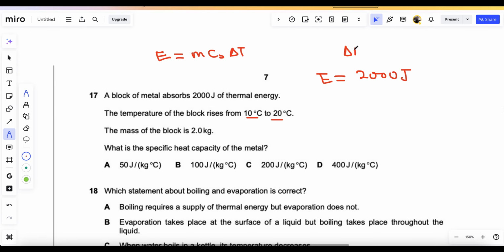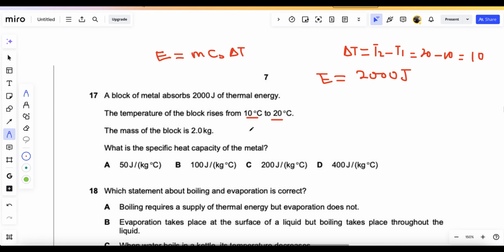You always know your parameters: delta T is T2 minus T1, which gives us 20 minus 10, which is 10. So our change in temperature is 10 degrees Celsius.